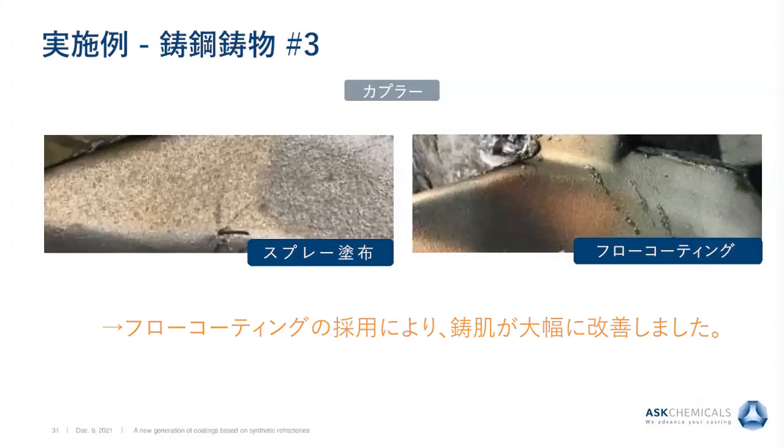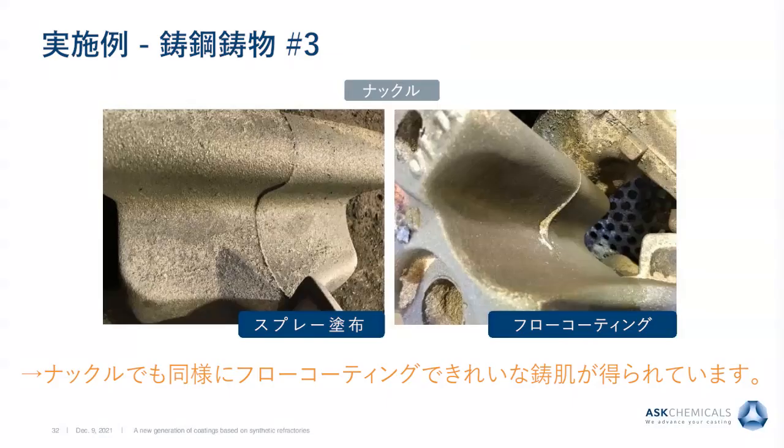And you can see on the right side the flow coated casting of the coupler, before it was sprayed with a Zircon-based coating, and you can see the huge improvement which was achieved. And here the knuckles, you see the same result, very smooth and very nice casting without any defects.